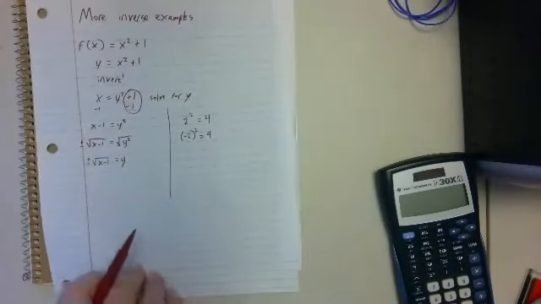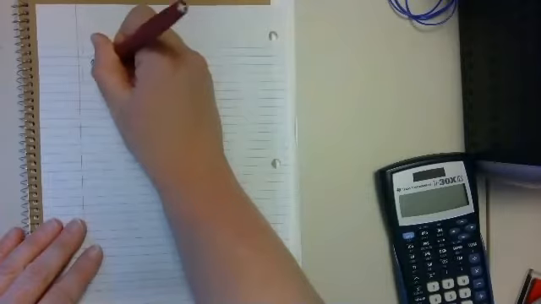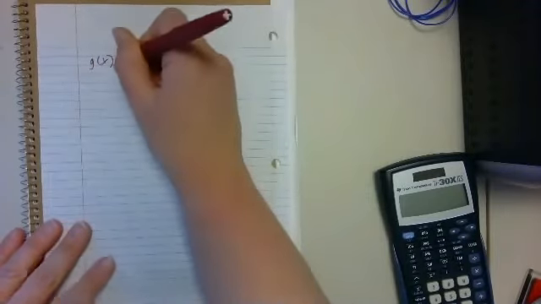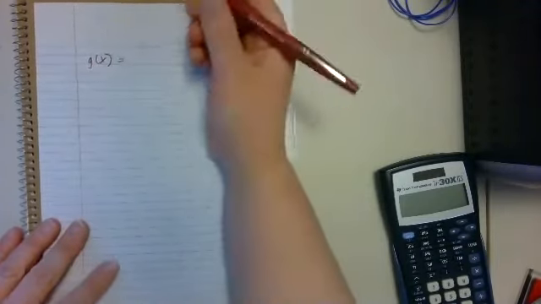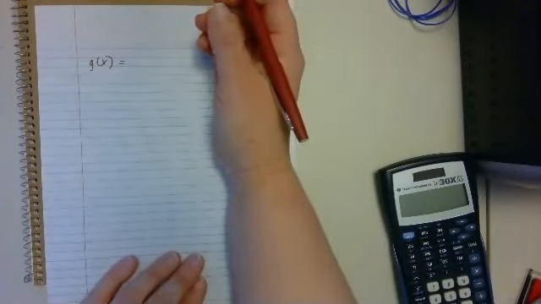Now I'm going to give you one more example that's not quite as weird as that one, but it has a fraction in it. So if that makes you happy, stick around. We're going to call this one g of x because I've already used f of x in this video. And I'm just going to show you one that doesn't come out as nicely as some of these, so you don't get it in your head, oh, these always come out nicely.